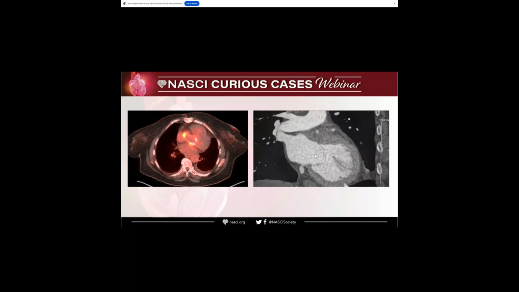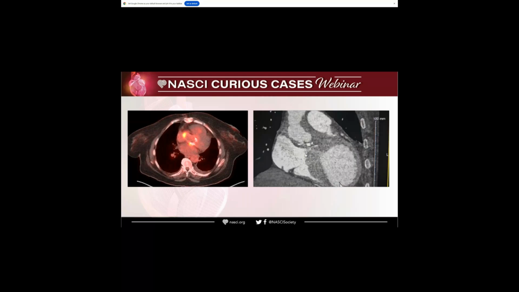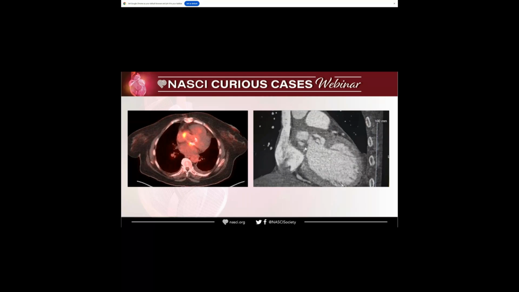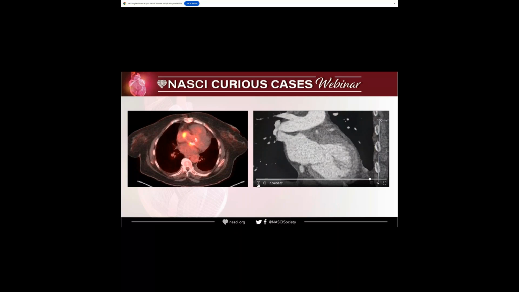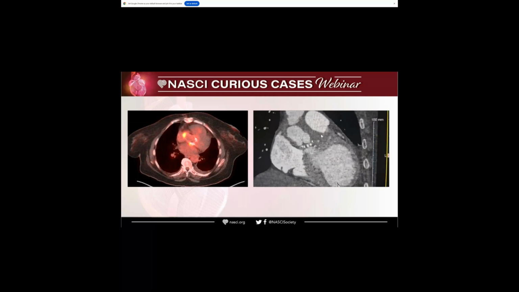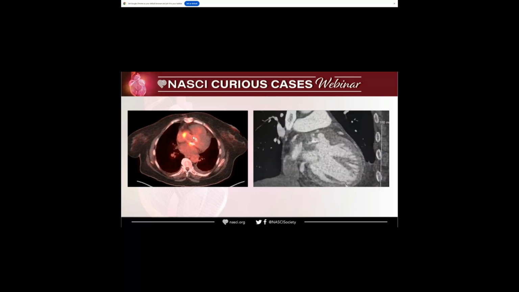If you look at this, this is actually the correct one. So you can see that there's a lot of tissue in the aortic valve, and there's probably a small abscess, as you can see better on the PET-CT.